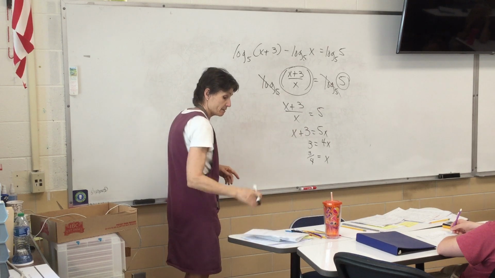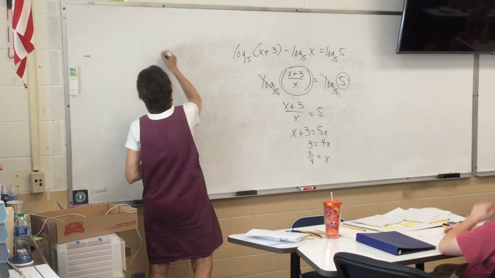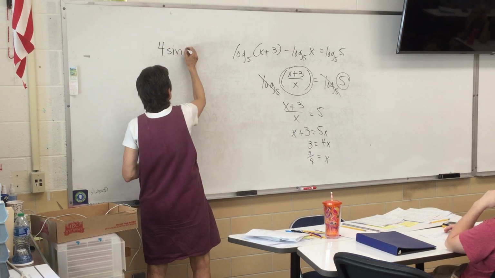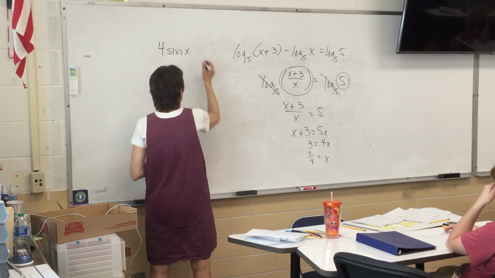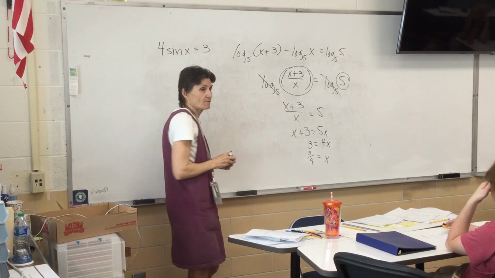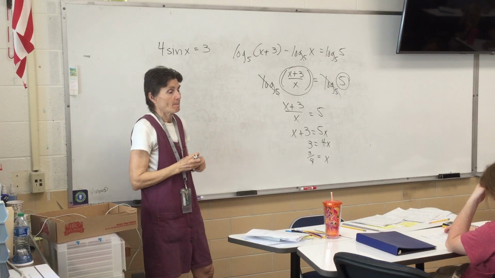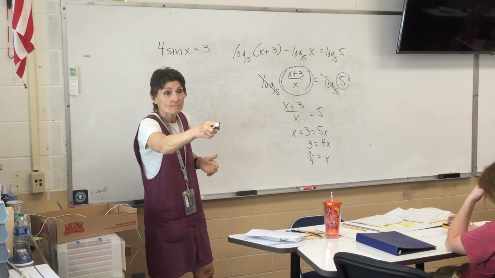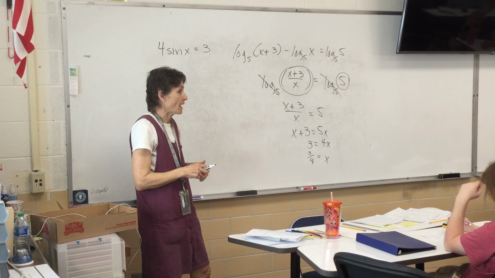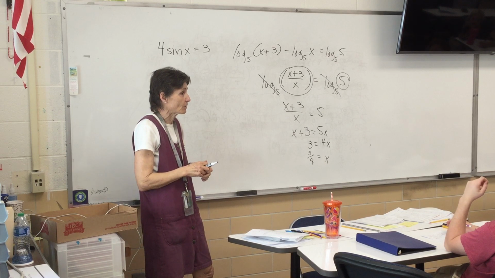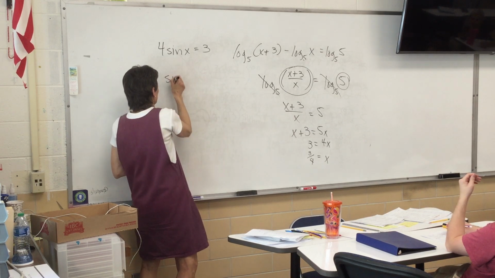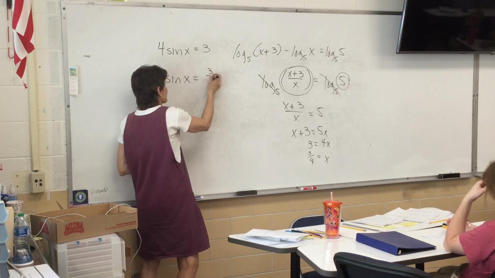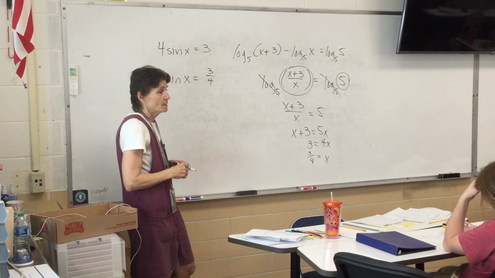We do C. C is another equation, but it's trigonometric. What's the first step going to be? Moving the 4 over. Absolutely, moving the 4 over. Got to get that variable by itself. Sin x equals 3/4. Perfect.